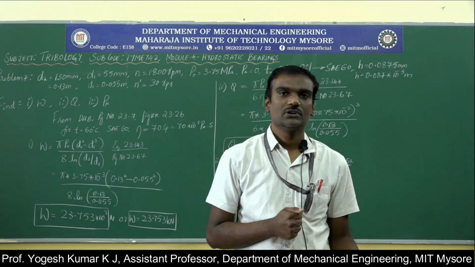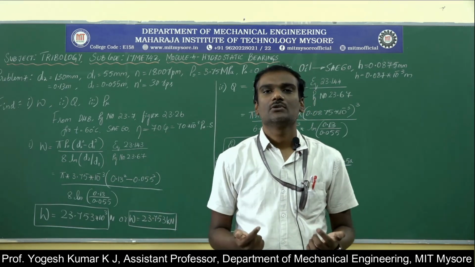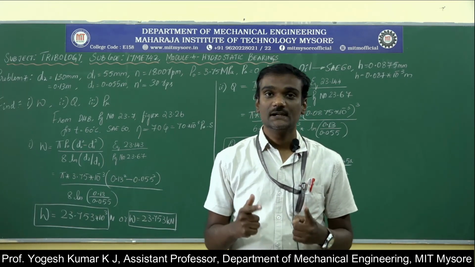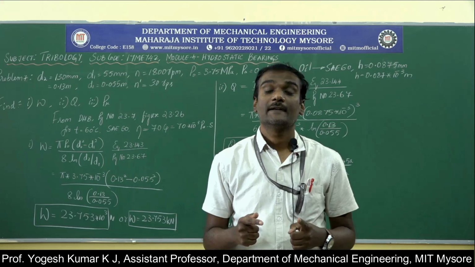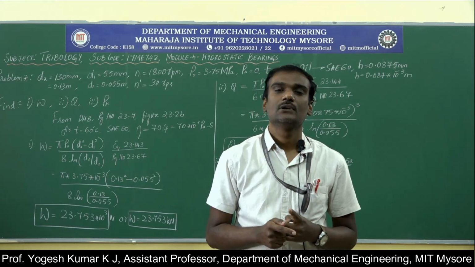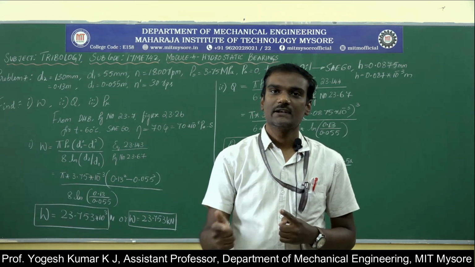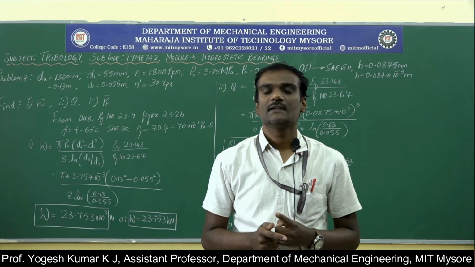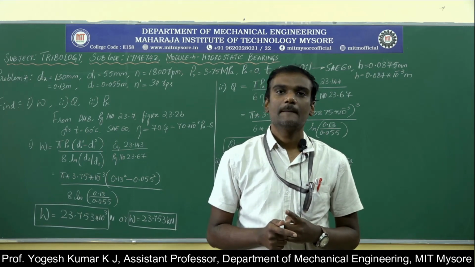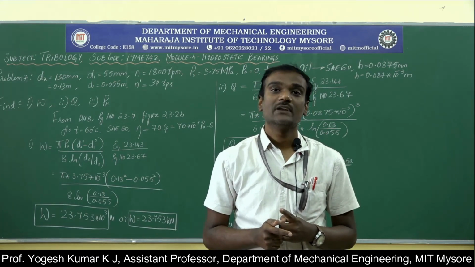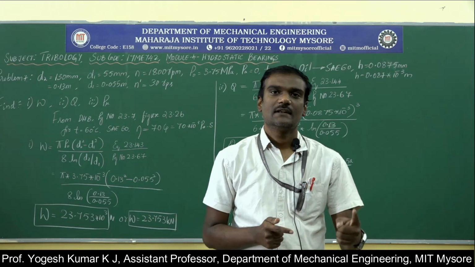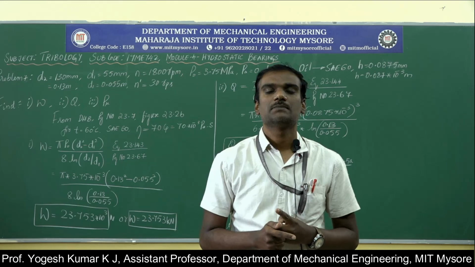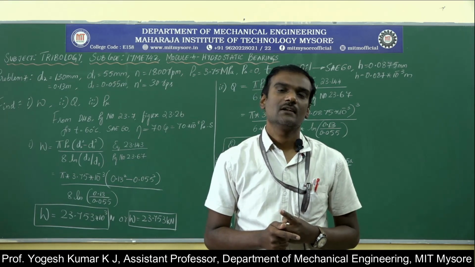I want to determine the force, so I will just do the cross multiplication to get the force, that is F is equal to T by R. But here in this particular hydrostatic bearings, you should be very careful. The radius is not the outer radius, it is the mean radius. What is that mean radius? RM, mean radius, is the average of the two radii, that is the radius of the shaft and the radius of the pocket. R1 plus R2 by 2 gives us the mean radius.